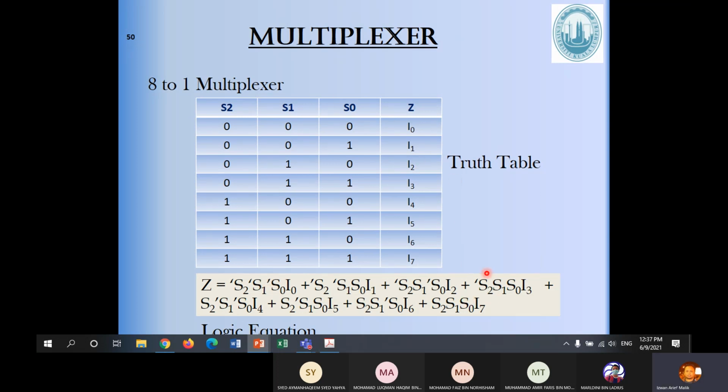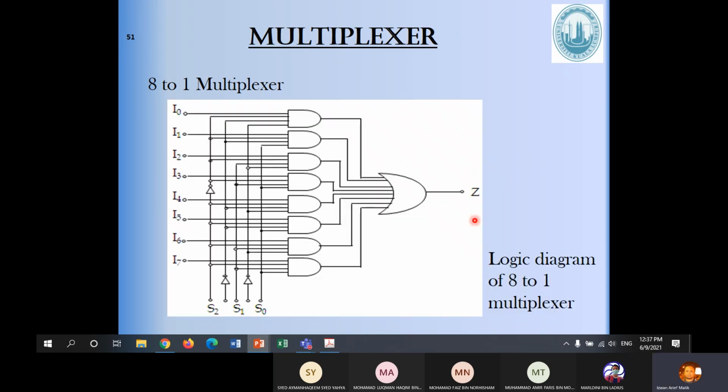Okay, so from the truth table, you can derive your own logic equation. And then obviously, the circuit becomes more complex.